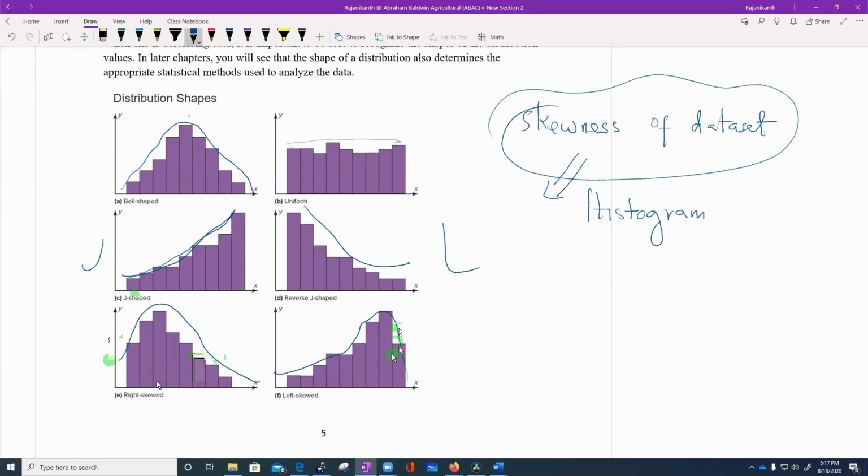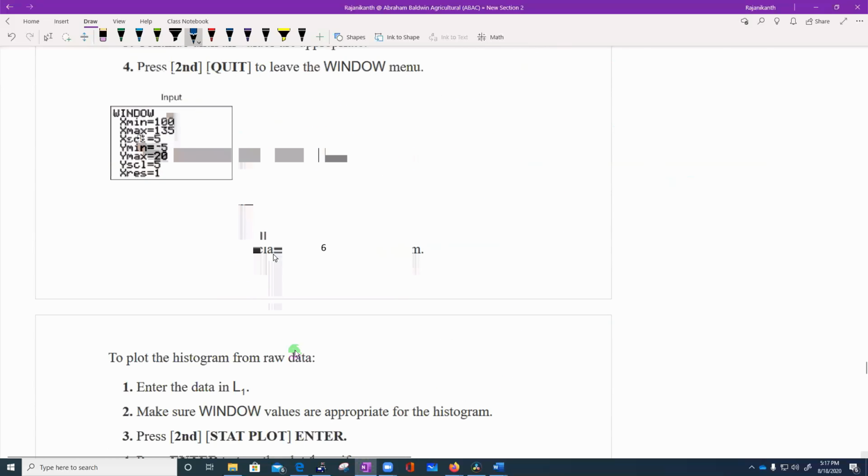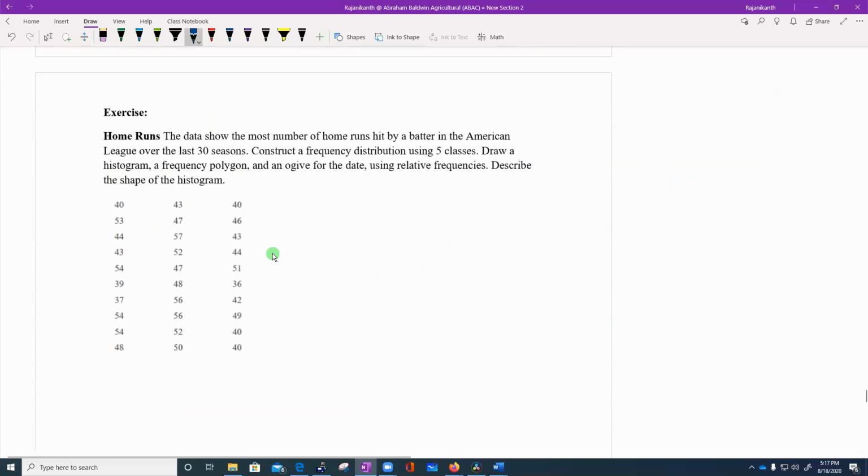Once you increase your data sets, in general most cases will fit into these two, right or left. We will look at those in detail in the next chapter. Okay, that's all about 2.2.